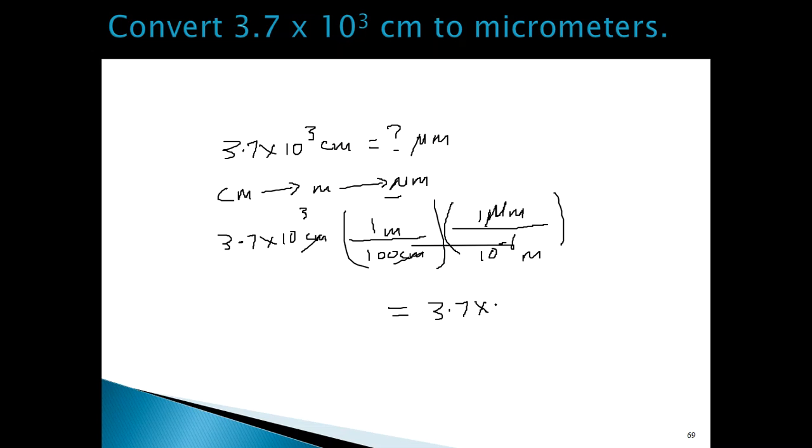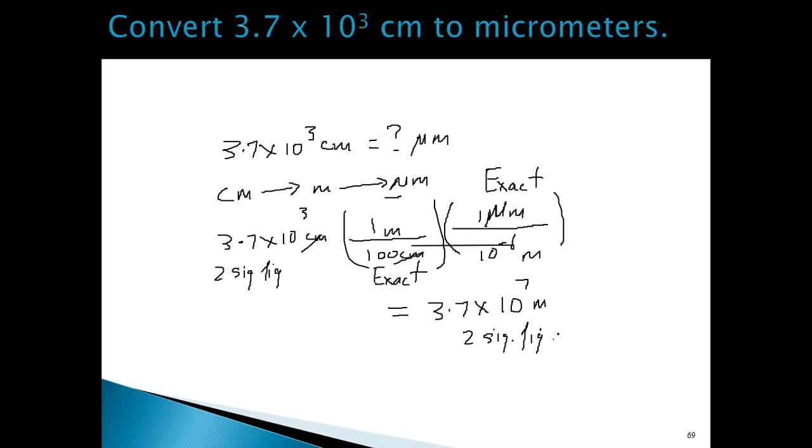3.7 times 10 to the 7 meters. Alright, and again, because this is written to 2 sig figs, and these are exact values here and here, that means that this will be expressed to 2 sig figs here, and that's how you get that.